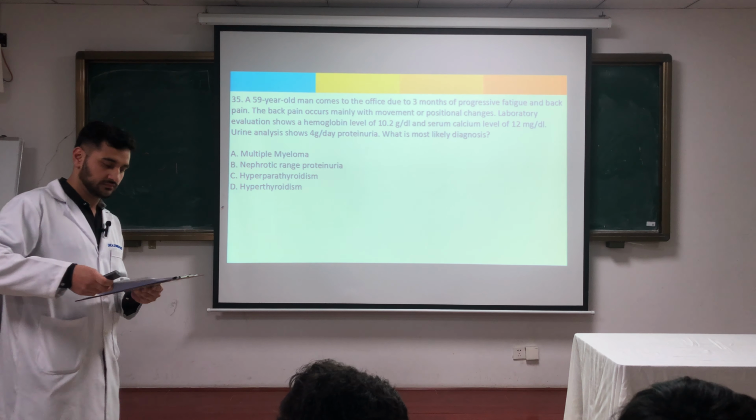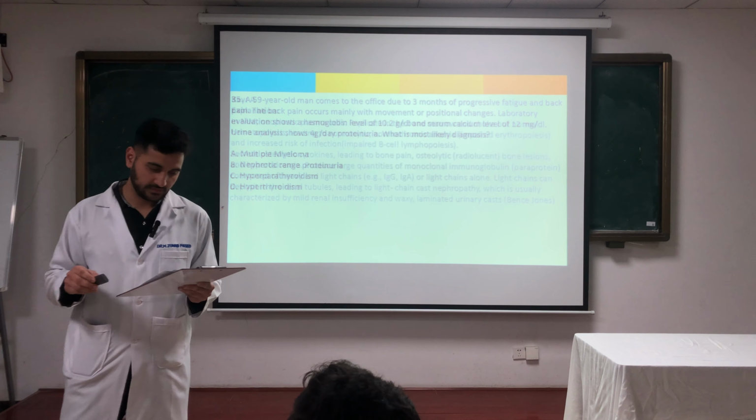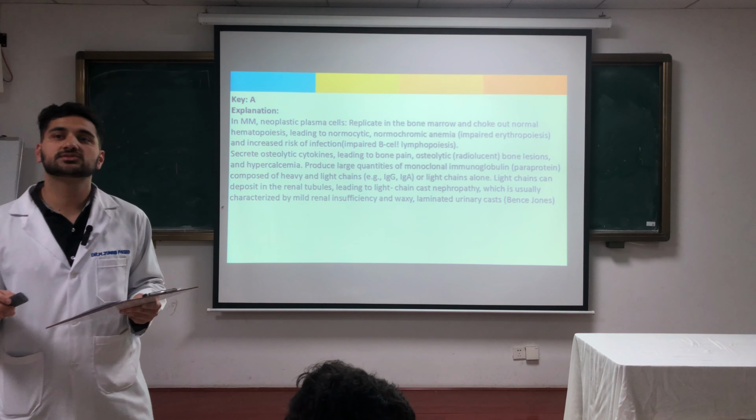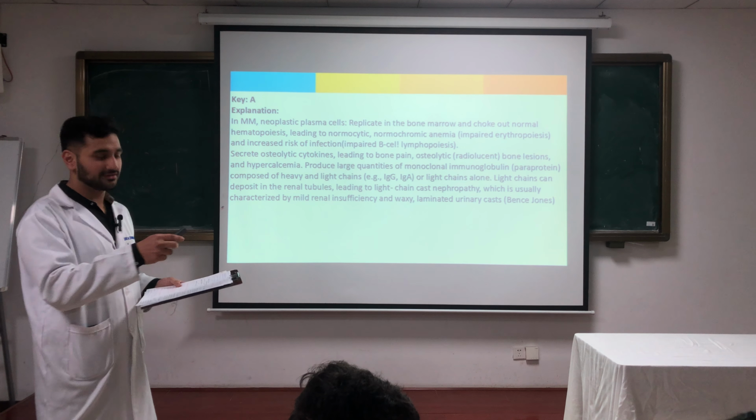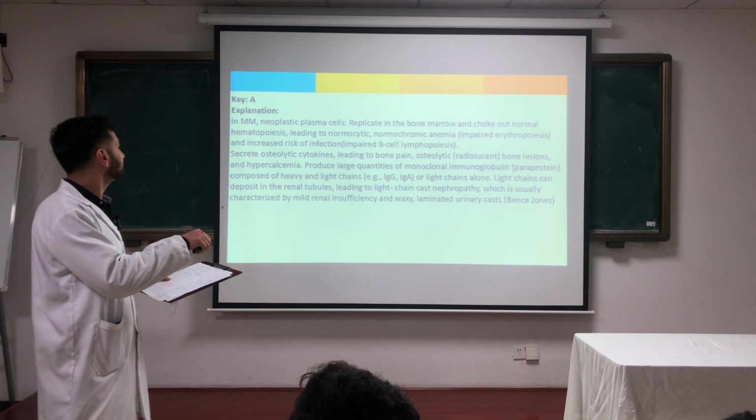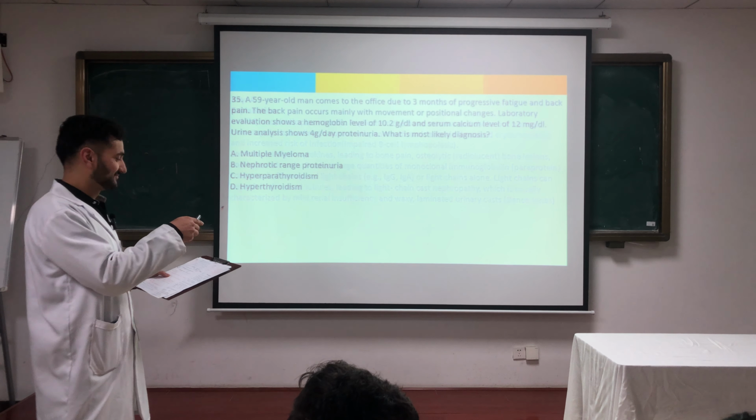Okay, that's great. Haris, can you tell us what is the normal range of calcium? Calcium level? 8.6 to 10.3. Exactly. And can you tell us, please, which anemia is most likely here?